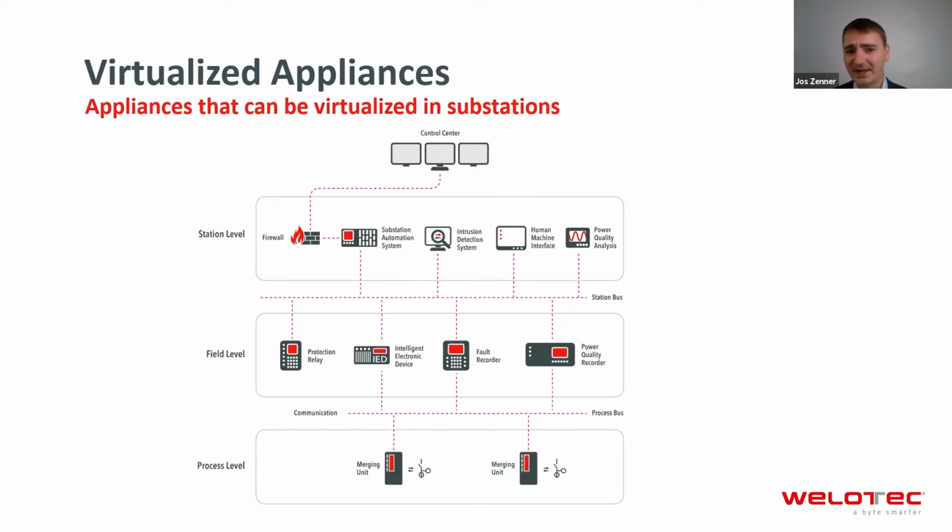But from another perspective, you can also virtualize all the OT systems, like the substation gateway, substation automation system, the power quality analysis, the engineering workstation, and so on. And this can also be run on a separate device. So you can have your OT department managing those applications, your IT security or OT security department managing the firewall, and so on.